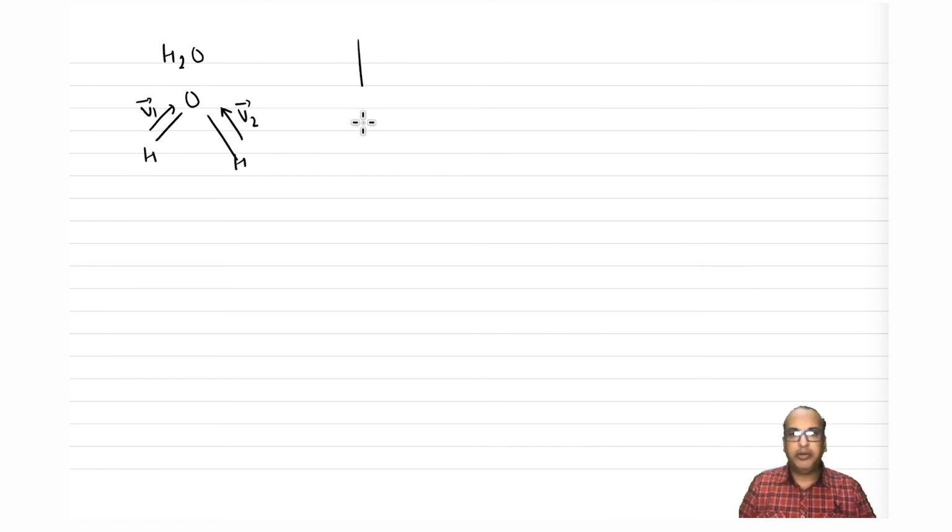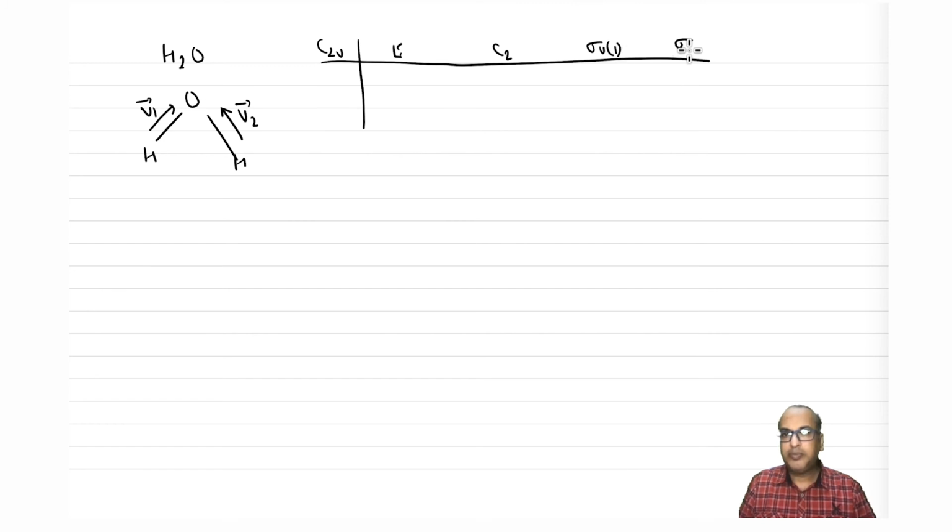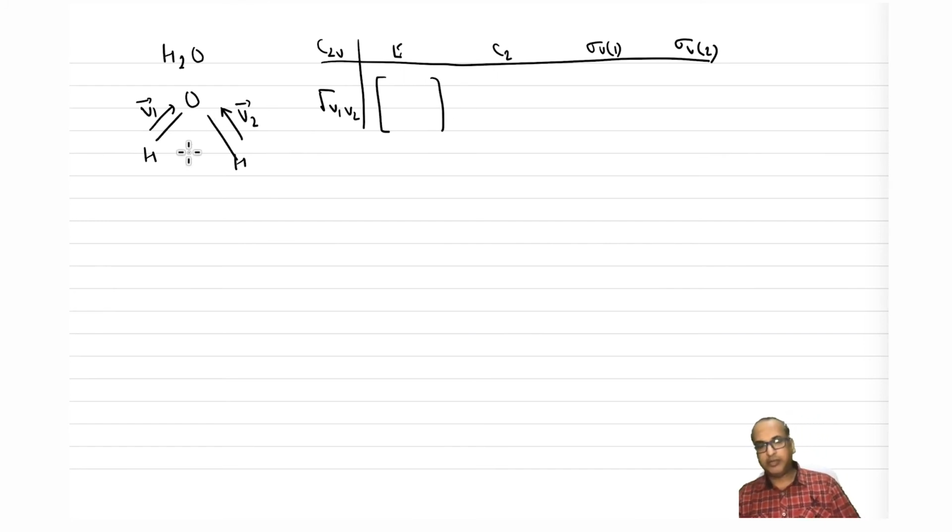So what I mean to say is that E, C2, sigma V1, sigma V2, let's say tau V1 V2. Now this will be a 2 cross 2 because my basis set has two vectors.